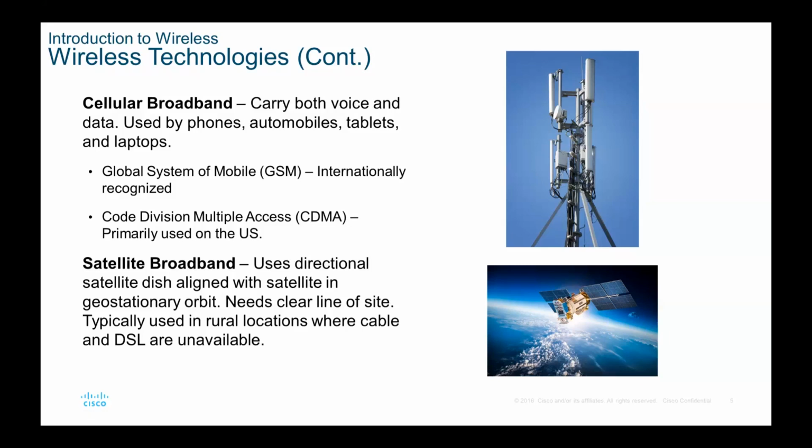Also, satellite communication you have already learned in the first module. Here, directional satellite dishes are used to establish the connection, and it needs a clear line of sight for transmission. Wherever you cannot use wired cables, especially in rural areas, this satellite broadband connection is used.